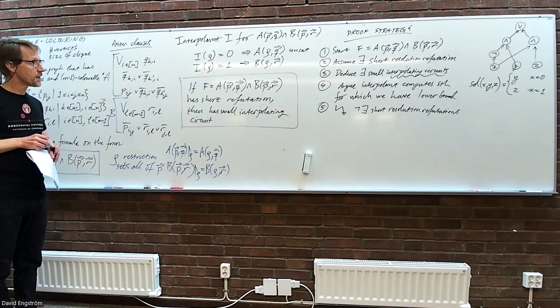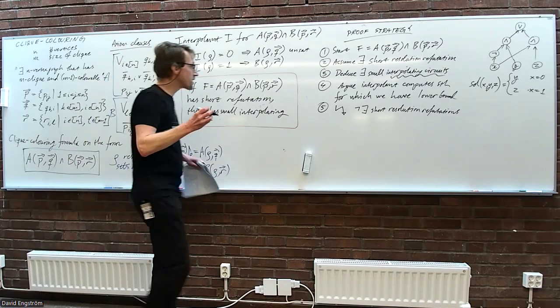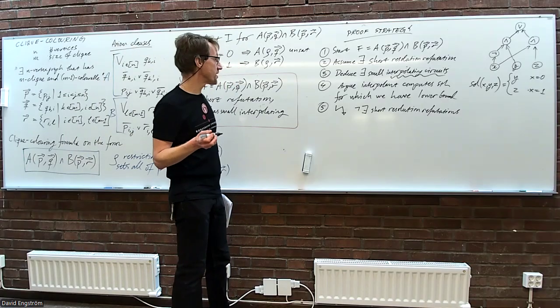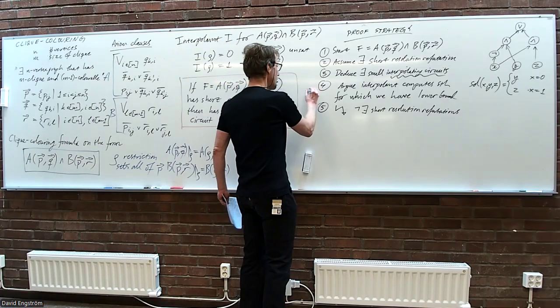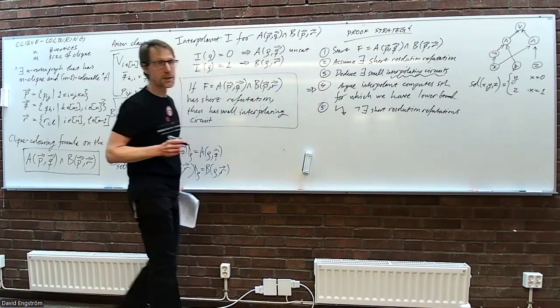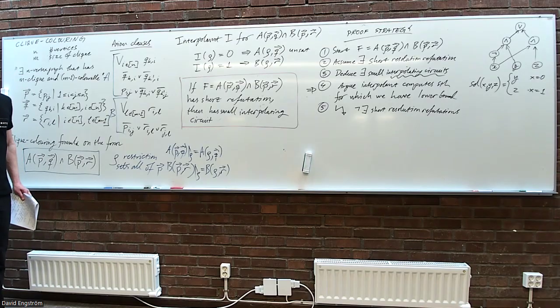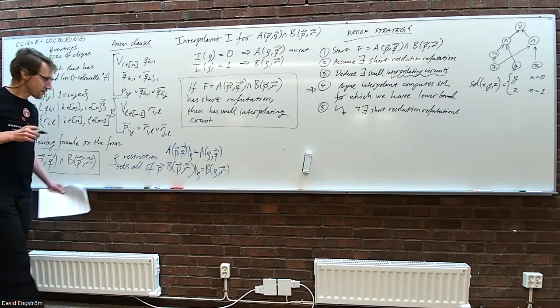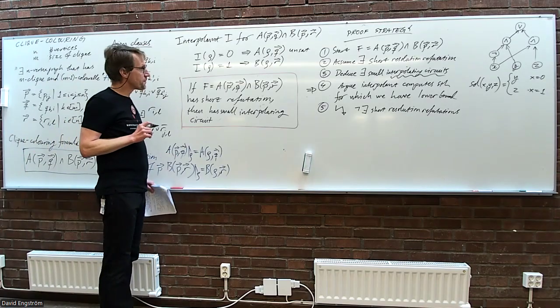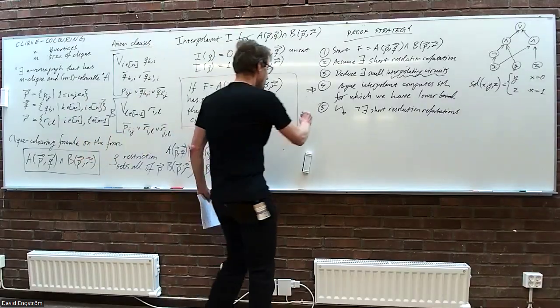And then we're done. Except we have a little problem. If you paid attention to what I said in the beginning, we just need a circuit lower bound. How good are we at proving circuit lower bounds? Not terribly good. So this is a problem.